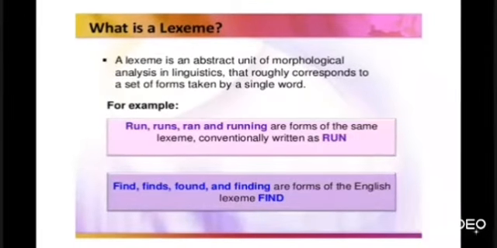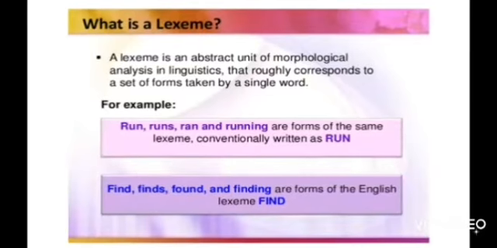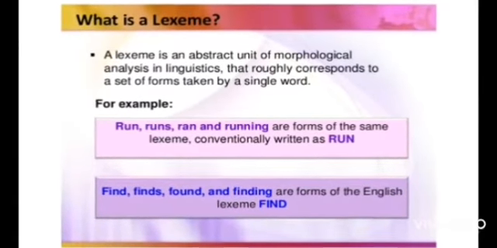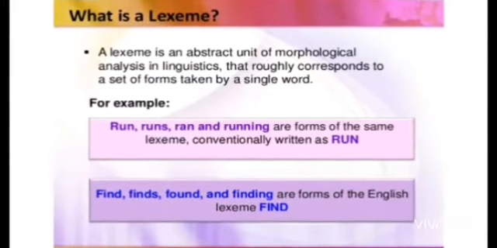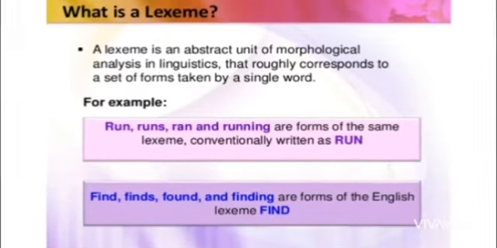A lexeme is the fundamental unit of the lexicon or word stock of a language. A lexeme is an abstract unit of morphological analysis in linguistics that roughly corresponds to a set of forms taken by a single word.